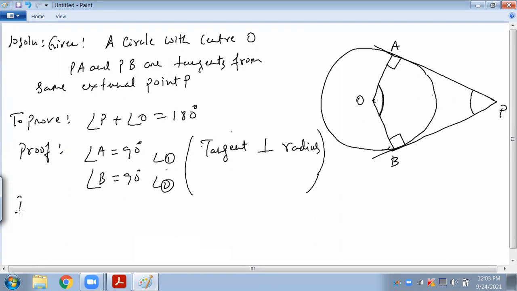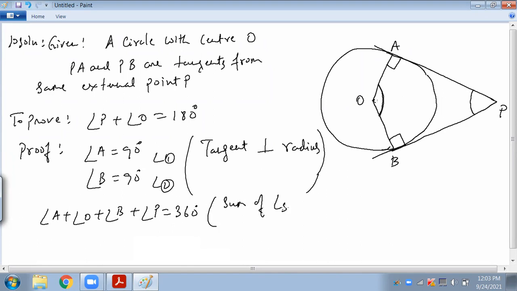Now, again, angle A plus angle O plus angle B plus angle P equals, not 180, 360. Why? Sum of angles of a quadrilateral is equal to 360 degrees.